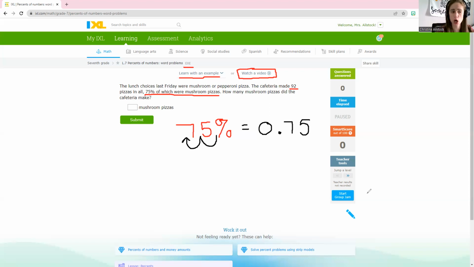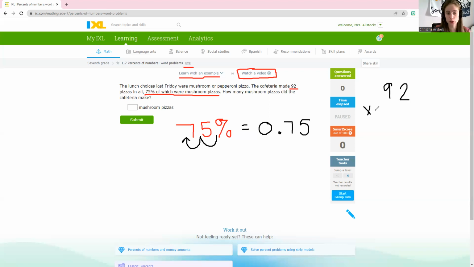And if we want to know how many pizzas are mushroom, what 75% of 92 is, we are going to do that through multiplication. So we will multiply the 0 and 75 hundredths by 92. I'm going to come off to the side over here and do that.